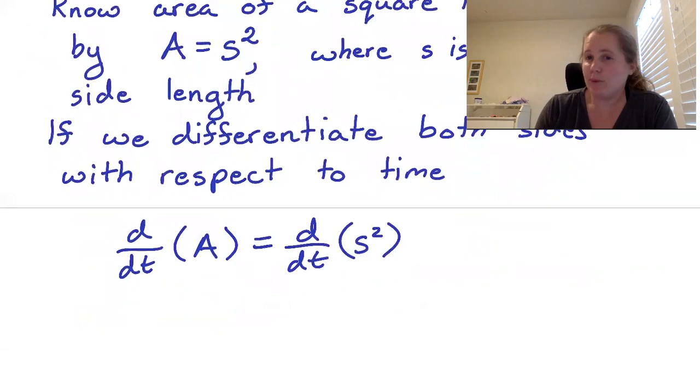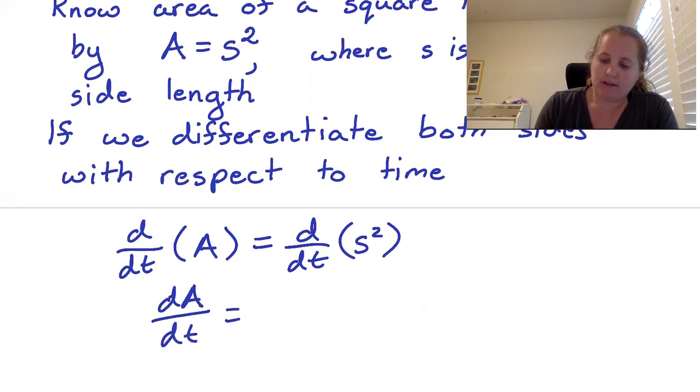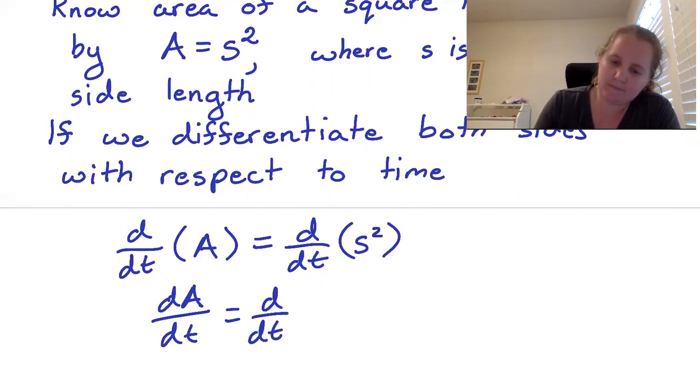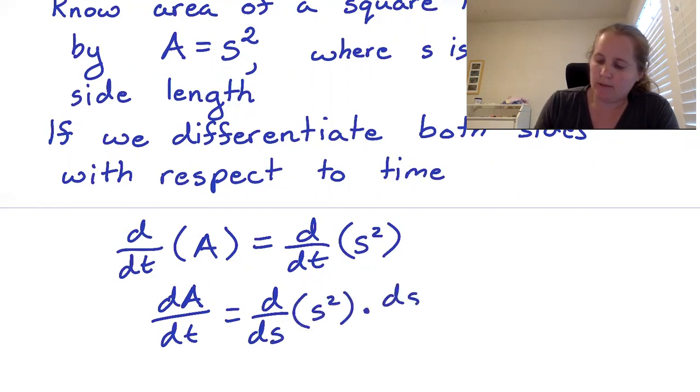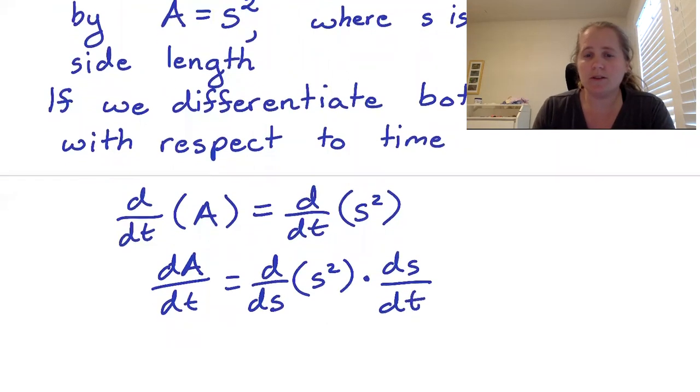We wind up with dA/dt on the left. And on the right, we would do the derivative of S squared with respect to S, and then multiply by dS/dt, right? That's how our implicit differentiation worked.